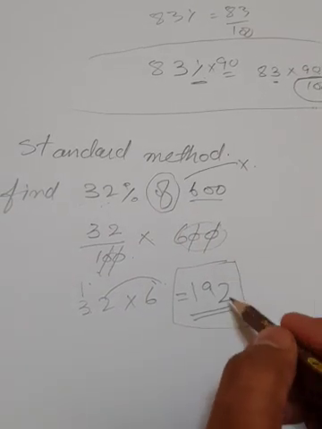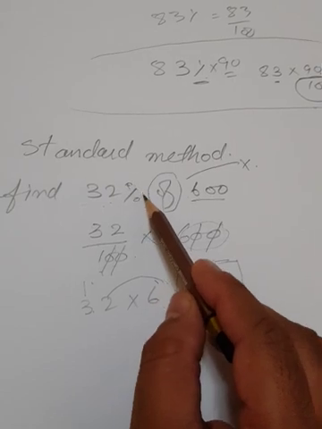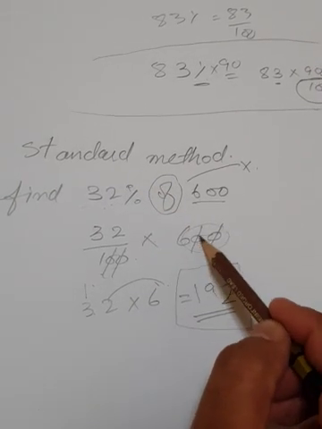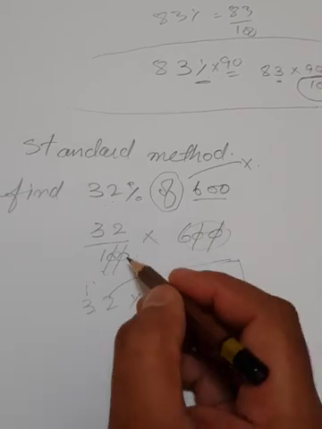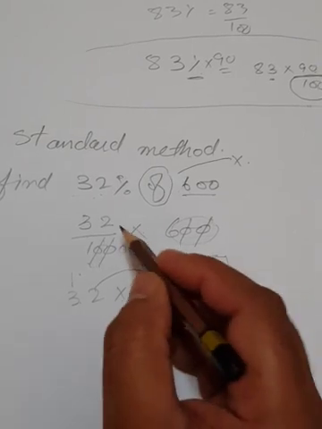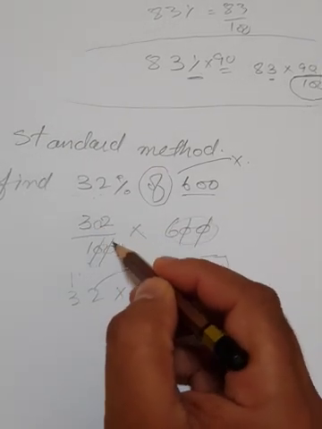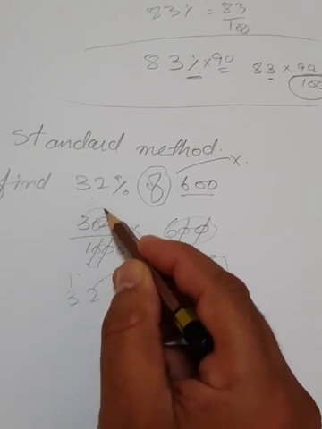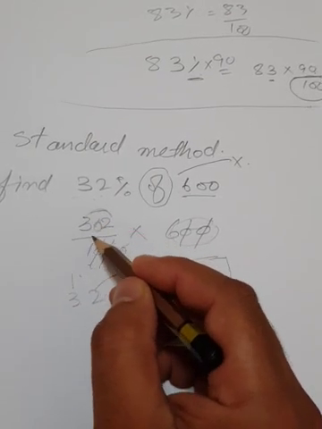This was the standard method, where I brought the percentage sign down, changed it into 100, multiplied it with 600, and simplified it. One thing I want to highlight: for example, if I have 1000 here and a 0 here, I cannot cancel this 0 with this 0, because this 0 is in between two numbers which are not 0.